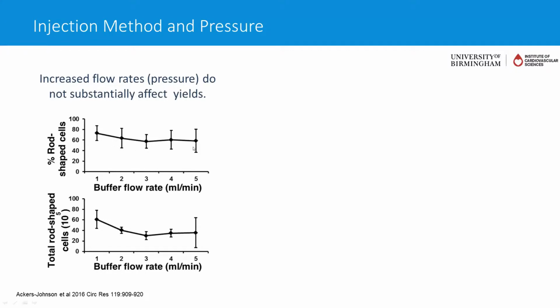Obviously that to some extent relates to the pressure as well. What he's really found is that increased flow rates, i.e. pressure, presumably, do not really substantially affect the yields of either the percentage of rod-shaped cells or the total numbers of rod-shaped cells. And Matt might want to comment more on this.